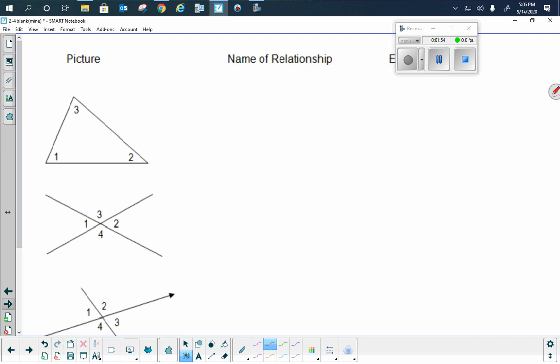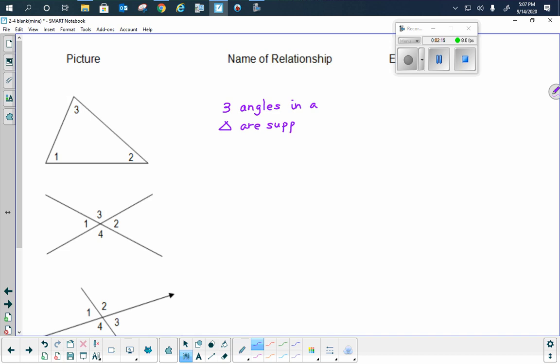Okay. Next picture, in a triangle. So this has to do with that triangle sum relationship, but I'm fine with you just telling me for the name. I don't care about a specific name. You just need to know that the relationship is that 3 angles in a triangle are supplementary, right?